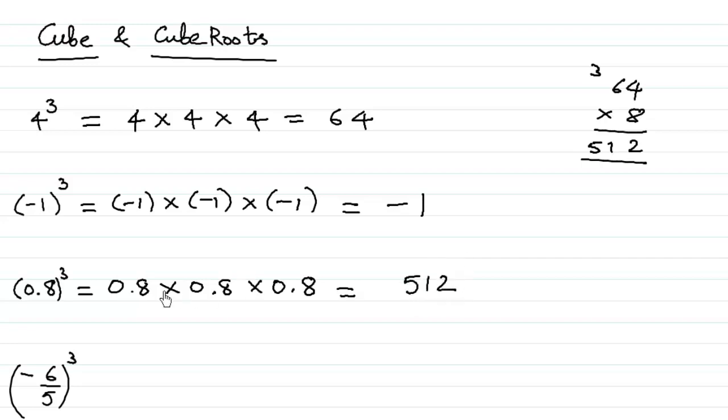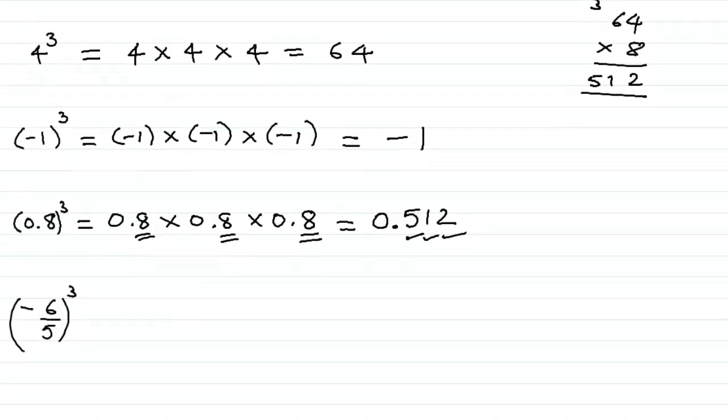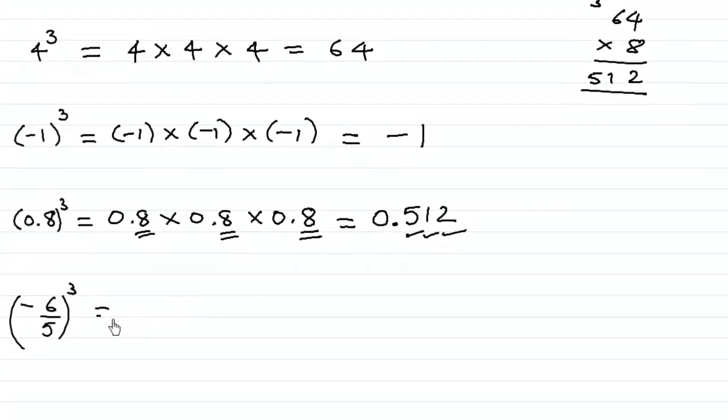But after the decimal points, we have 1, 2, and 3 digits, so we shall be placing the decimal point such that we have 3 decimal places. So the answer to this is 0.512.